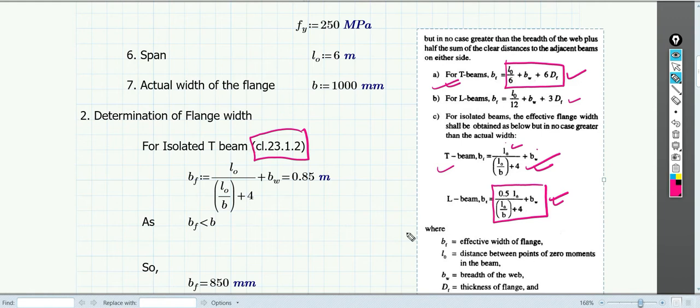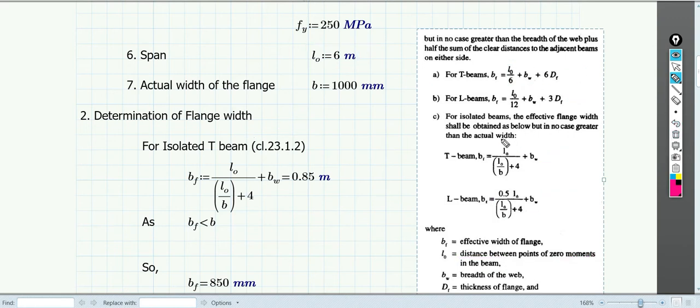Okay, so here L naught is basically the distance between the points of zero moment in the beam. As this is not available in our case, the span which is given in the problem, that we are considering as L naught. So here, as you can see, these two conditions will not be valid for us because they are for continuous beams, and we have an isolated T beam, so this condition will be valid.